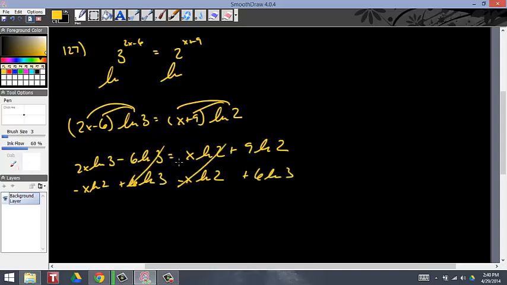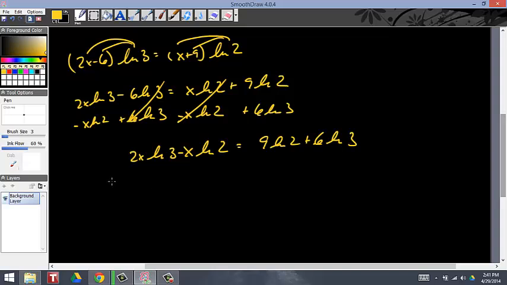That's gone, thank you. And then I have 2x ln 3 minus x ln 2 equals 9 ln 2 plus 6 ln 3. I am going to now factor out an x. That leaves me with 2 ln 3 minus ln 2 equals 9 ln 2 plus 6 ln 3. How do I get x by itself, people?